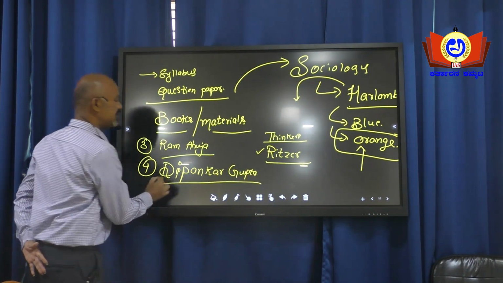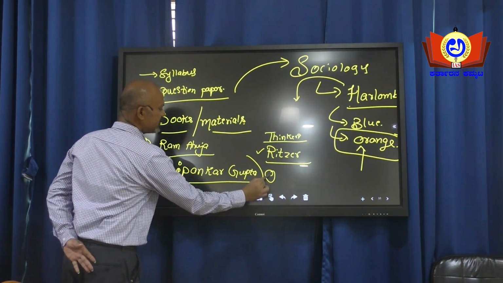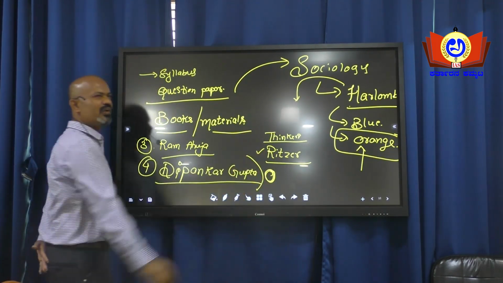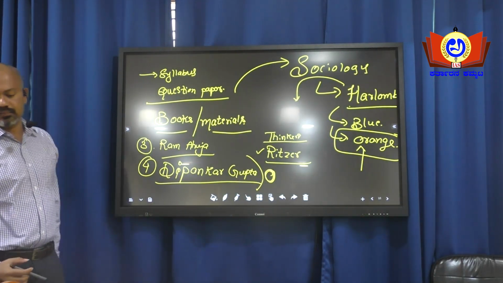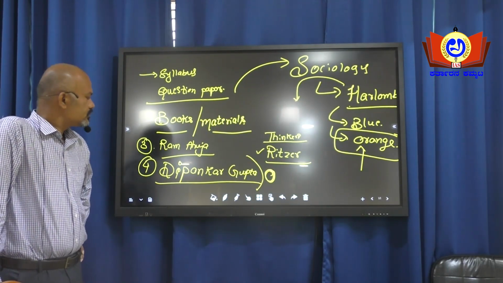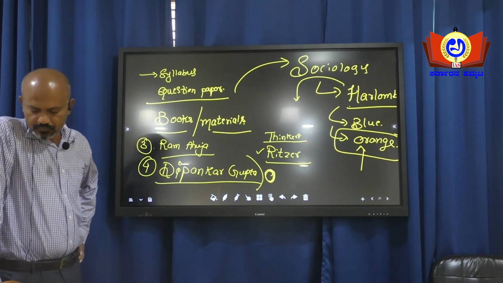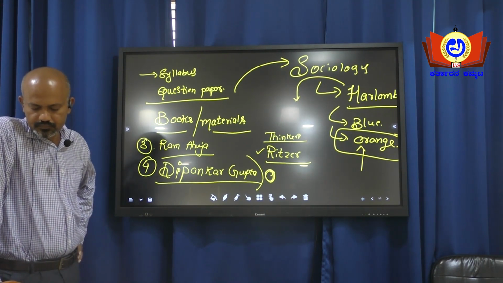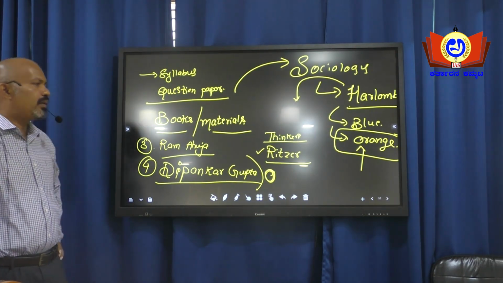This is for stratification, but keep it as optional. No need to compulsorily buy this book, Dipankar Gupta. Keep it optional because the language is not too easy. These are some of the key books when it comes to paper 1.